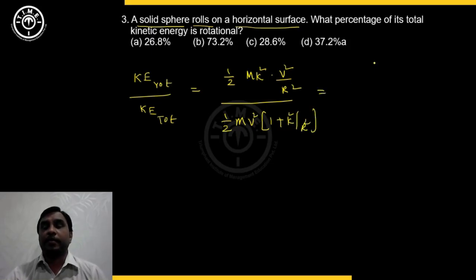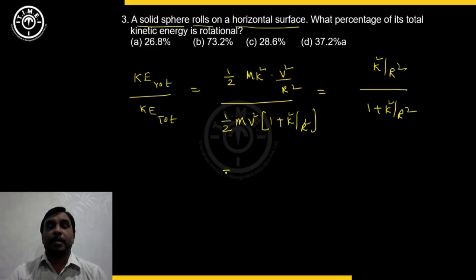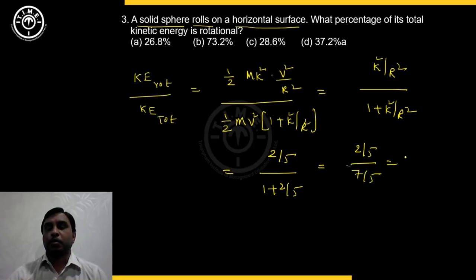So you are left with k square by r square over 1 plus k square by r square. For a solid sphere, just a moment back we calculated that k square by r square is 2 by 5. So this is 2 by 5 over 1 plus 2 by 5, which is 7 by 5, which gives you 2 by 7.